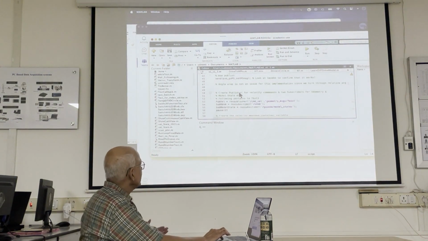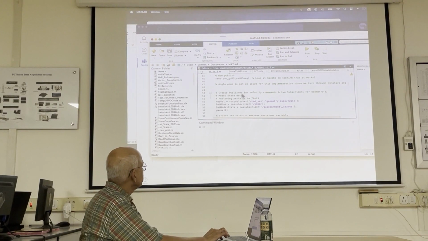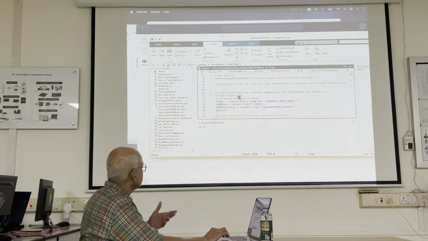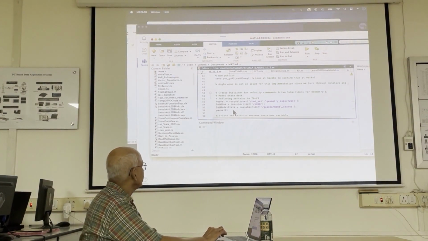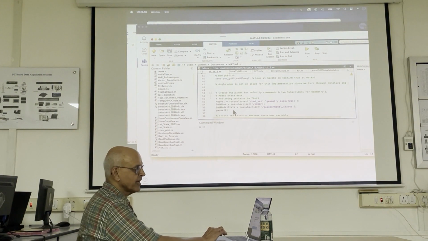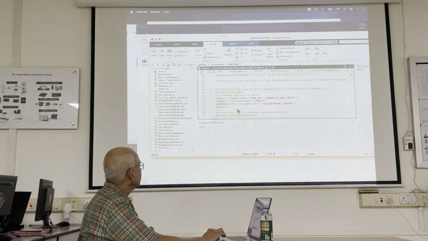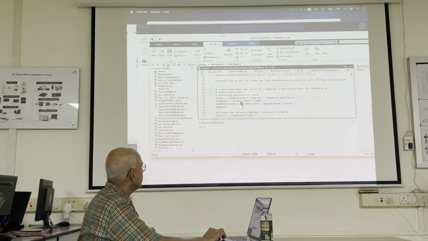Okay, then you create the regular set of publishers and subscribers. Create a publisher for velocity and 2 subscribers for odometry and model state. I told you yesterday about model state. If you want to use it, use it. If not, don't use it. It's not available in the real world, only in a simulator. So here's the command velocity to which you publish, and here's the odometry to which you subscribe.